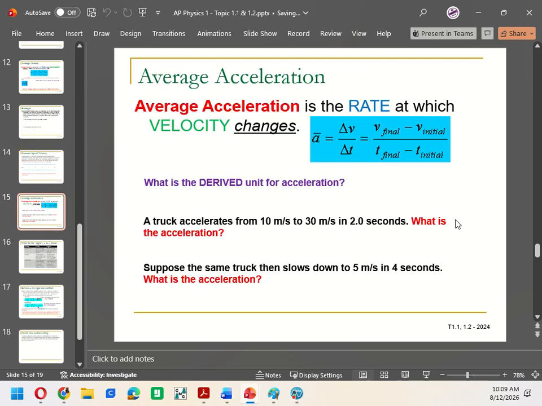Average acceleration. Can someone tell me what that line on top of the A is called? That's what it means, but what's it called? There's a name for it.